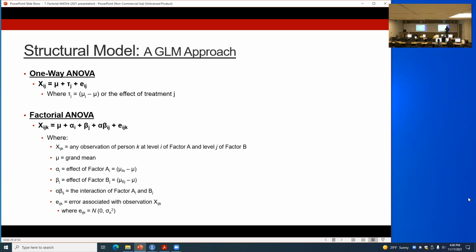It's just a more flexible approach. These were developed separately, but mathematically they're equivalent. And if we recognize that, we can start to do some more interesting stuff, using estimators that account for some of the violations that are hard to account for if we're just running a straight up traditional ANOVA design. So it gives us more flexibility.